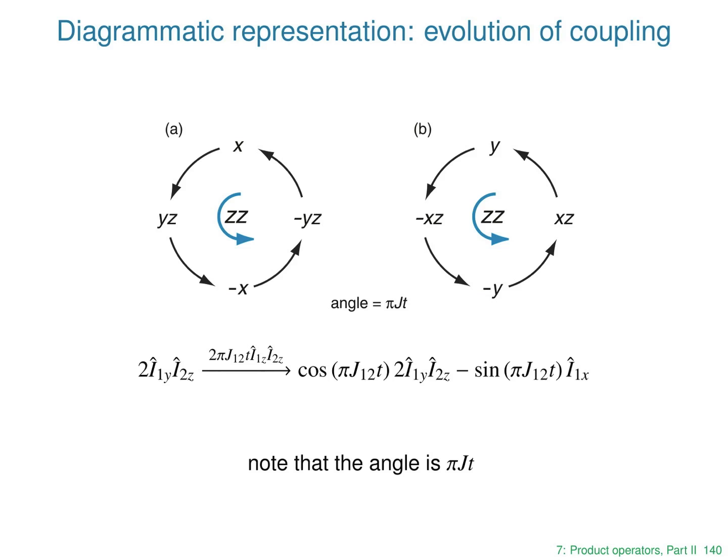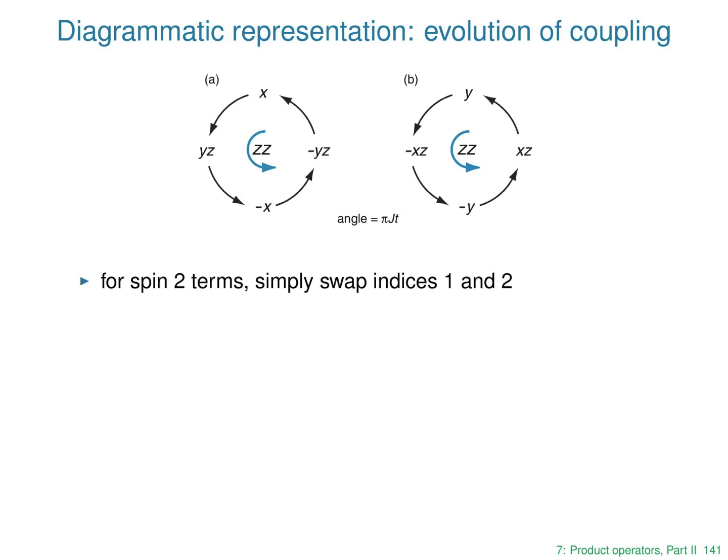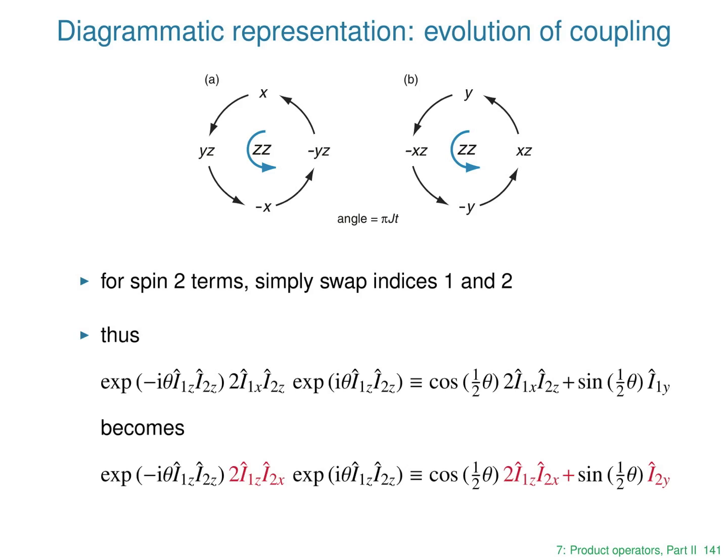It works just as well for spin 2. So if your antiphase term is on spin 2 rather than spin 1, then all you need to do is swap the indices 1 and 2. So for example, if you take the evolution of 2I1x I2z, and you can get that from the right-hand part of B, that tells you it goes towards Y, and that's what's written out in the first line.